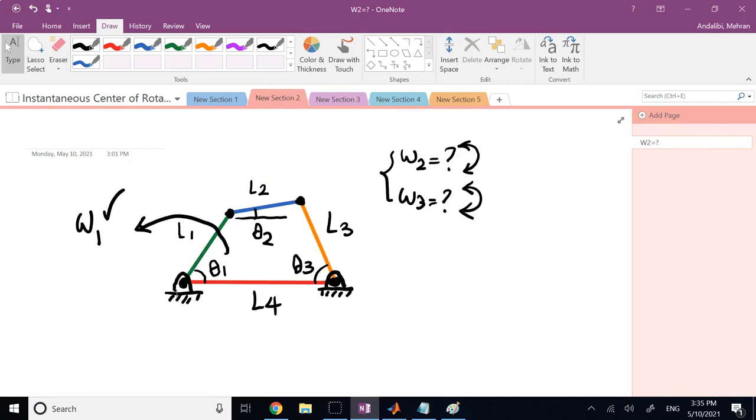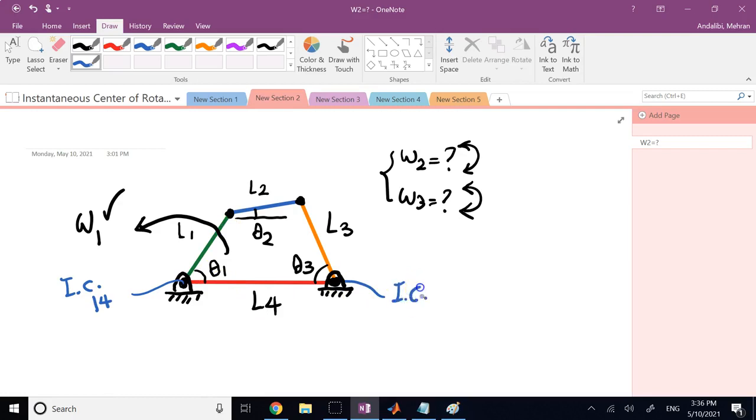So here, first, we find the obvious instantaneous centers between two pairs of objects. So clearly, member 1 is pinned down to member 4. So this point is the instantaneous center for 1 with respect to 4, because that's where 1 is rotating about 4, and 4, remember, is the ground here. This one is also obvious.